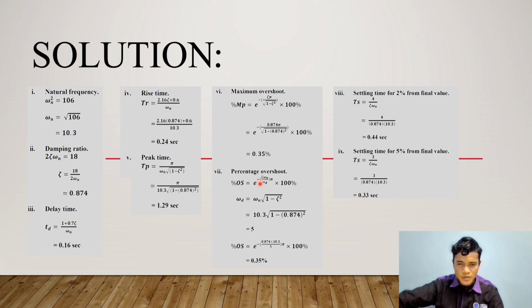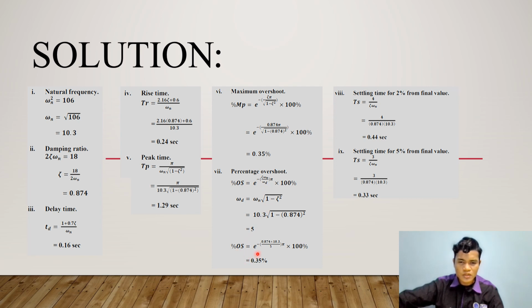Percentage overshoot, exponent of negative damping ratio times natural frequency over WD. WD is also natural frequency times 100%. How to find WD is down here. WD equals Wn times square root of 1 minus damping ratio squared, then we got 5, so we convert into the formula back.